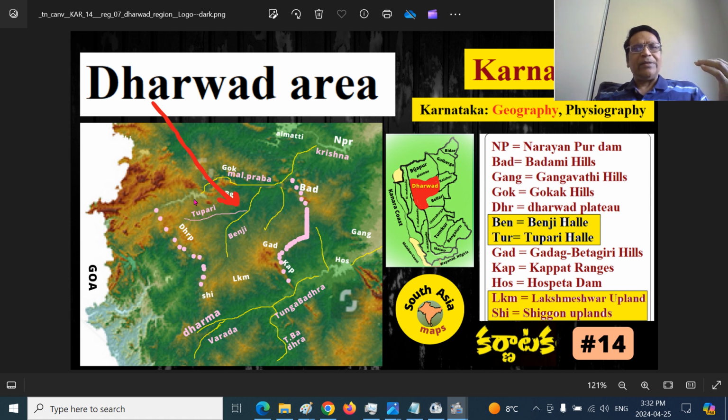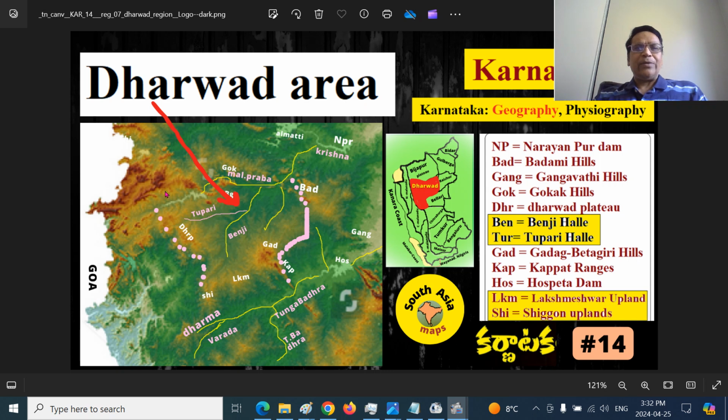This is the Malaprabha River, a tributary of the Krishna River that joins near Narayanpur Reservoir at a place called Sangama. Near Tangadgi, the Almatti area, Chimalgi area, the Ghataprabha River joins. This is the Doab region between Malaprabha, Ghataprabha here, and Krishna here.